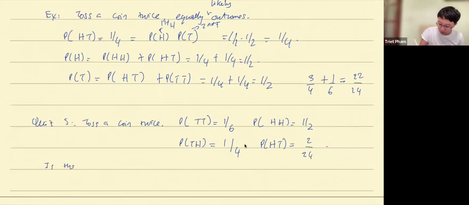Is the event first head and second tail independent? I guess I should use the word "are", right?